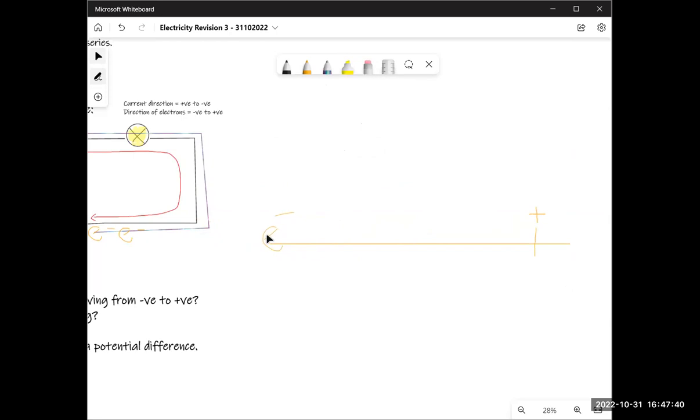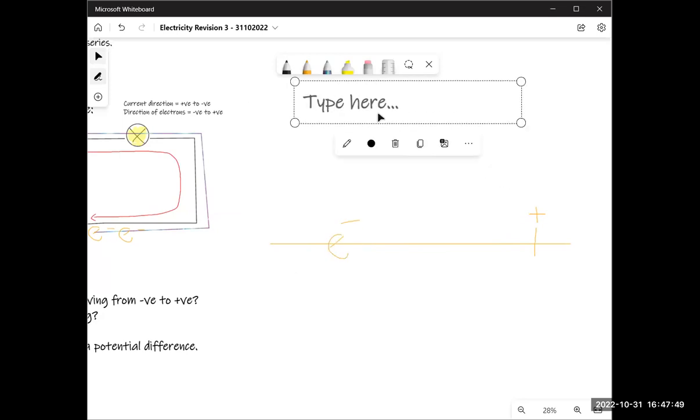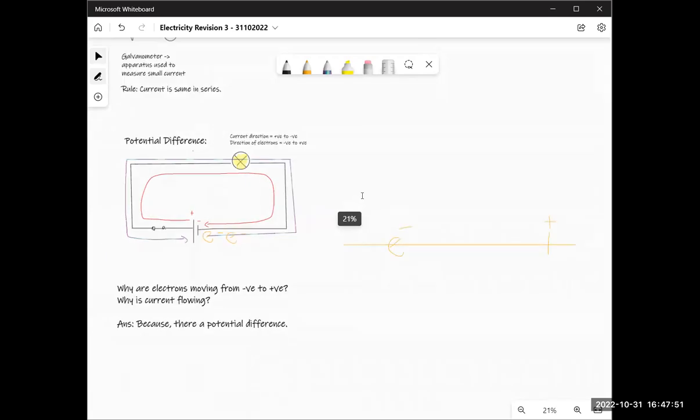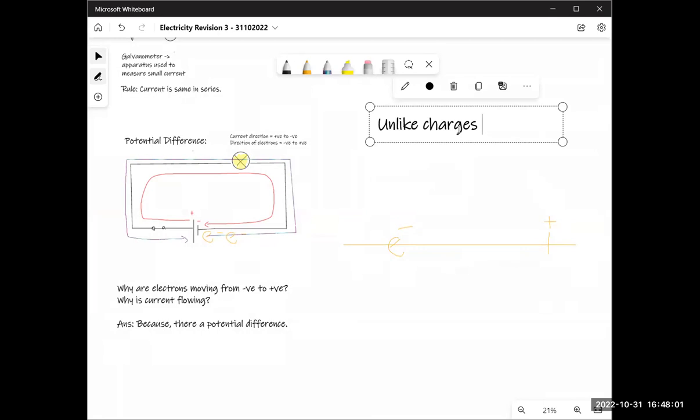Will they go left or will they go towards the positive charge? It will go towards the positive charge. Let's write it here. Now, all of you should draw all the diagrams and write everything I'm writing in your notebook. That's very important. Now, we know unlike charges attract, like charges repel.